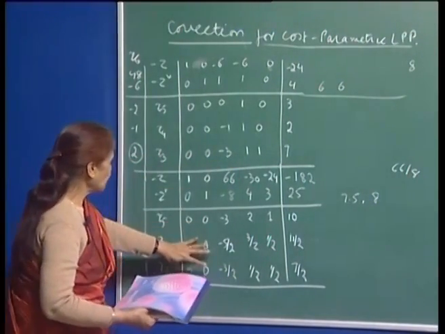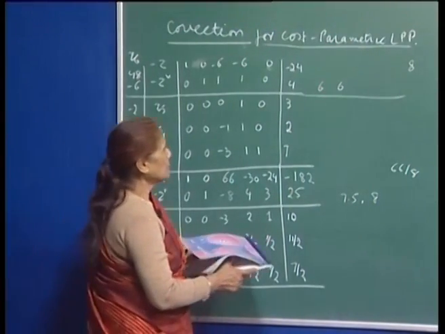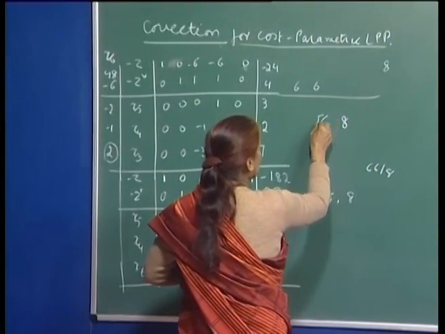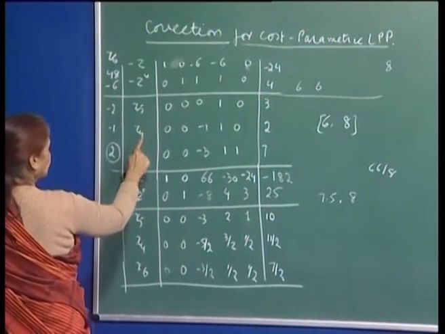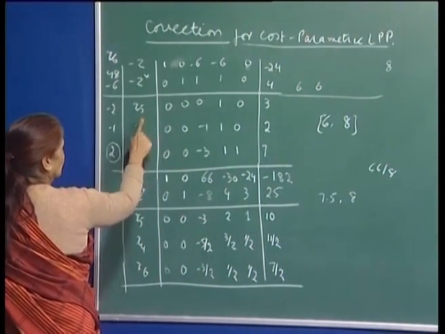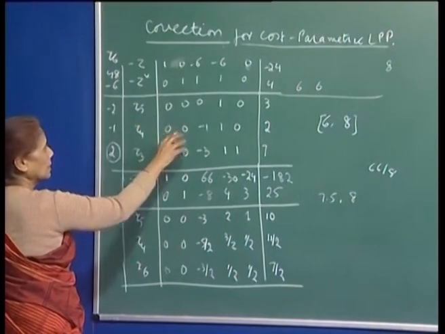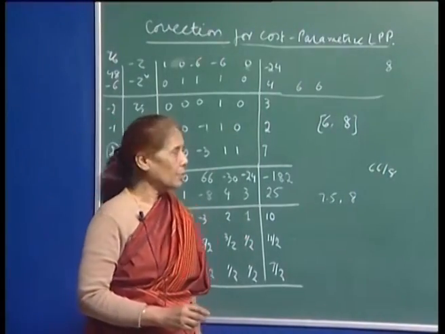This tableau shows you after you have pivoted on this element. Here the interval was 6 and 8. So the characteristic interval for the corresponding basis, when x5, x4 and x3 are the basic variables, is 6 comma 8, right.